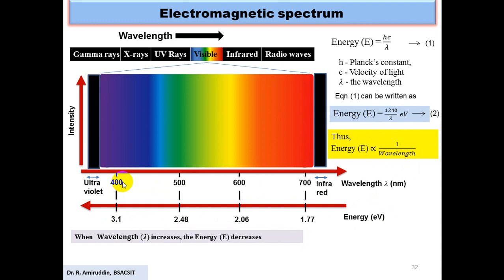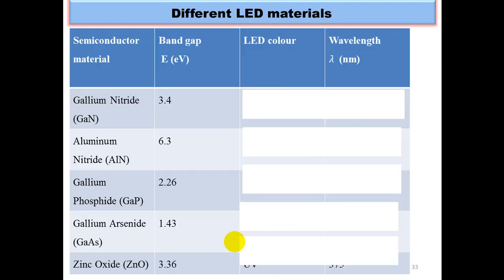So when the lambda value is less, we have energy value more. Thereby, when wavelength increases, the energy decreases. So based upon this basic criteria, let us start exploring more about emission color of different LEDs.